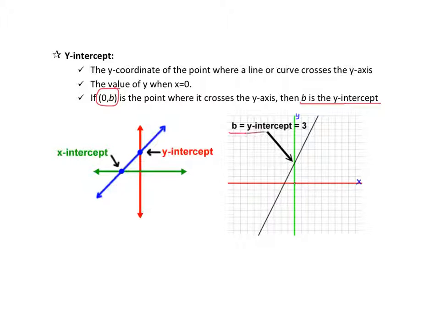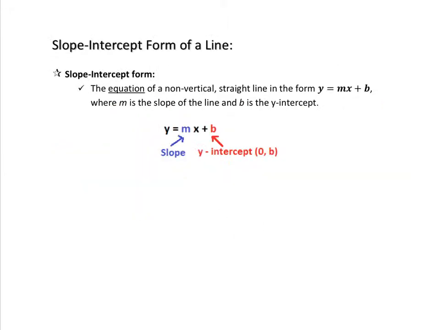So if the y-intercept, say in this example, is 3, then we would say the y-intercept equals 3, or b is equal to 3. Just like we used m to represent the slope, b is the variable that represents the y-intercept.